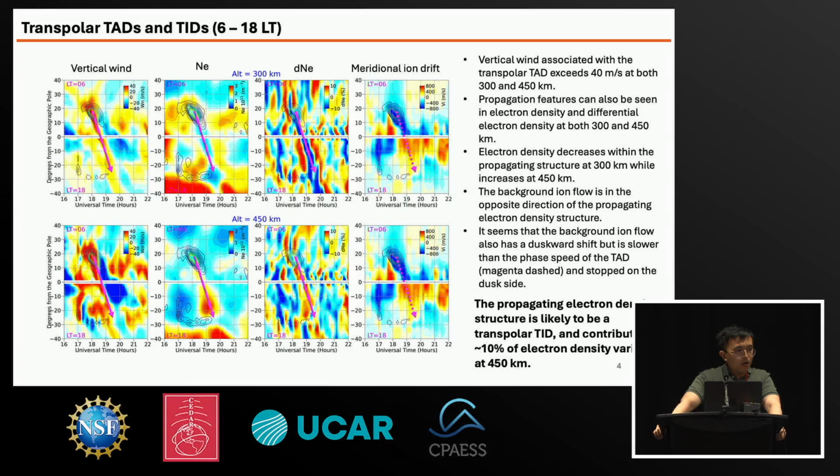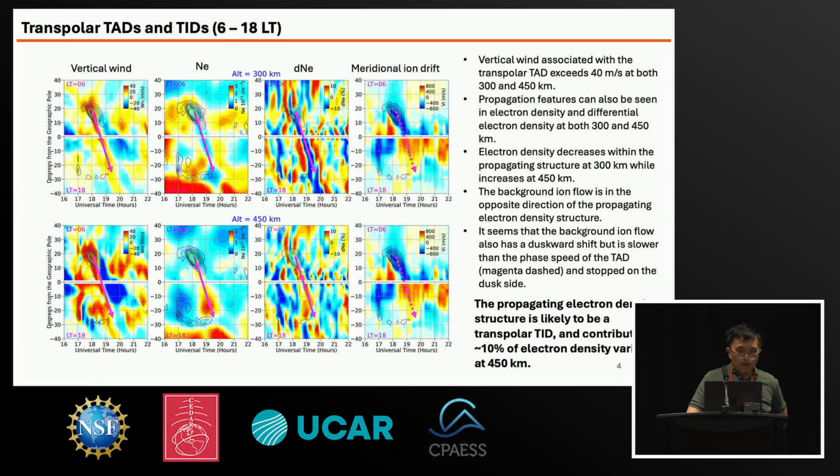On the top are the vertical neutral wind, electron density, differential electron density, and the Millstone ion drift at 300 kilometers, while the bottom panel shows the same things at 450 kilometers. The arrow here shows the propagation of the TADs, and it is the same in other figures.